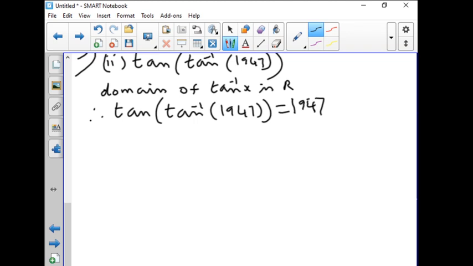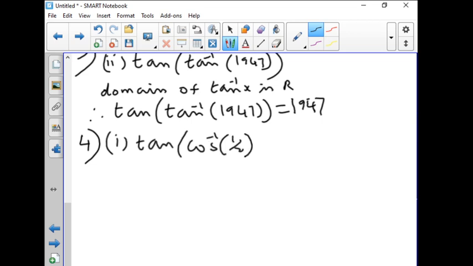Okay, now we will go to the fourth question. Fourth question, 1 and 2 we will do now, third subdivision you can take it for homework. So fourth question, first subdivision, tan of cos inverse of 1 by 2 minus sine inverse of minus 1 by 2.